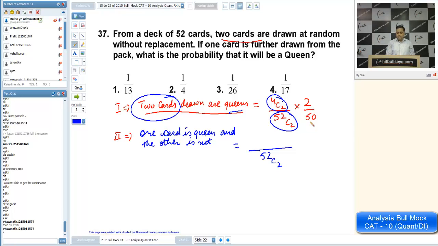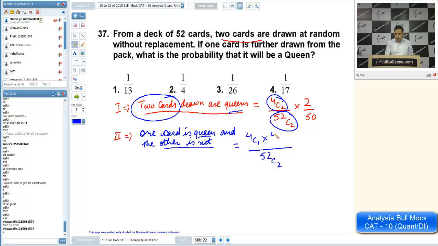Now second case, again 52C2 is the total number of cases and 1 card is of queens. So the number of ways to select is 4C1. And since the other one is not a queen, we are left with only 48 remaining cards, because the second card is not a queen.